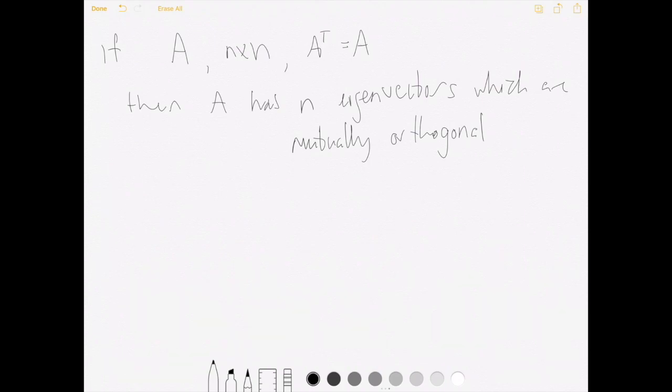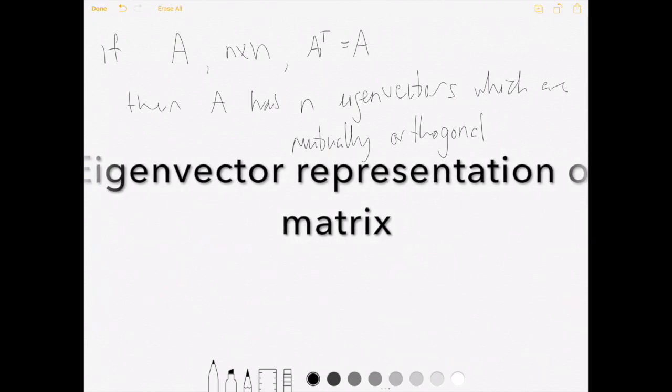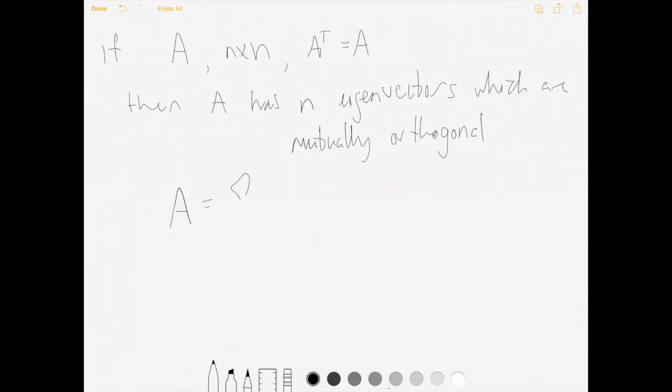And if we're given any square matrix A of size n with n mutually orthogonal eigenvectors, then we can represent the matrix in this decomposed form, where A equals the sum from I equals 1 to n of lambda I times EI EI transpose, and we call that thing UI.